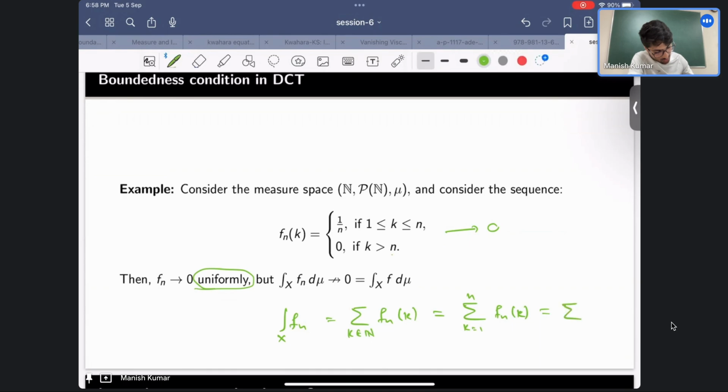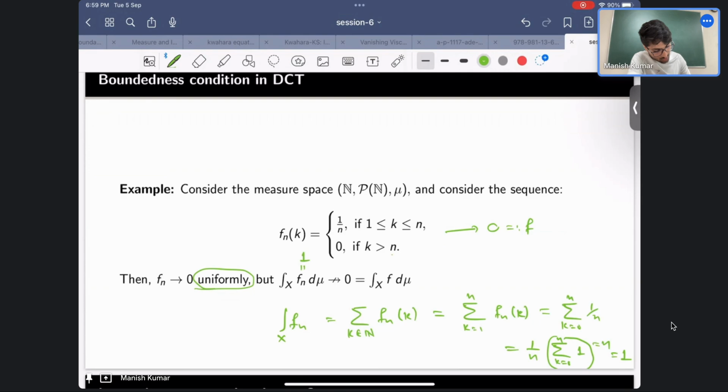So I can take 1 by n outside, and then the summation of 1 from k equal to 1 to n. We are summing 1 n number of times, so this is n, and hence this integral is 1. So the integral of fn is 1, while the limit function is 0, so its integral is 0.